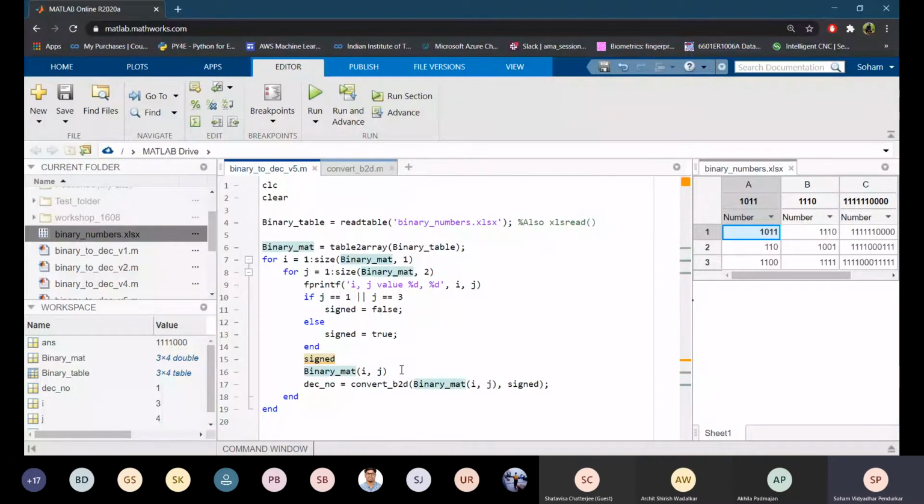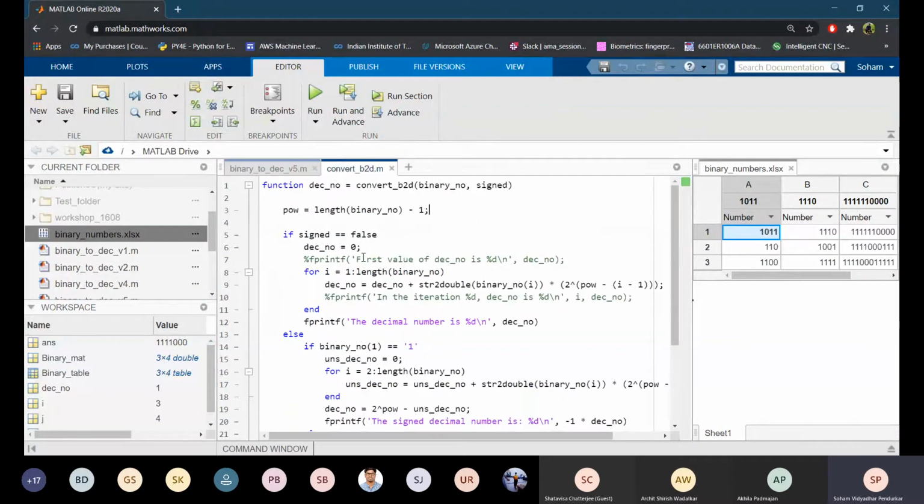So maybe what I can do is write this inside the function itself, so whenever a number is received, I will just a minute. Okay, yeah, I'm back.